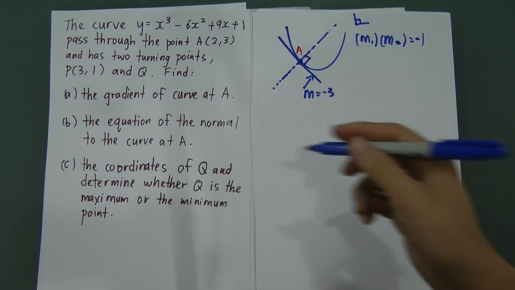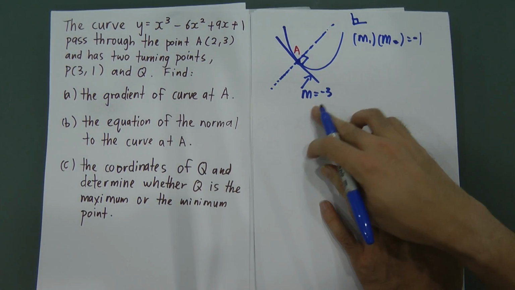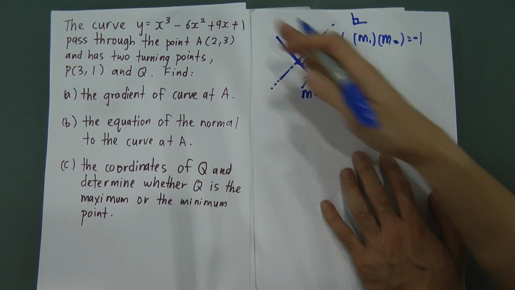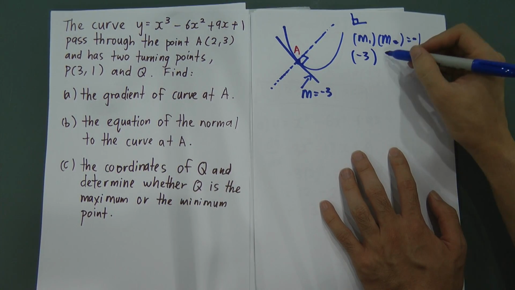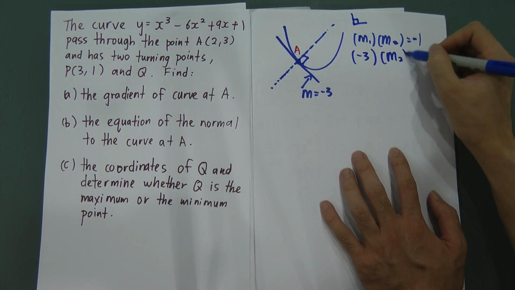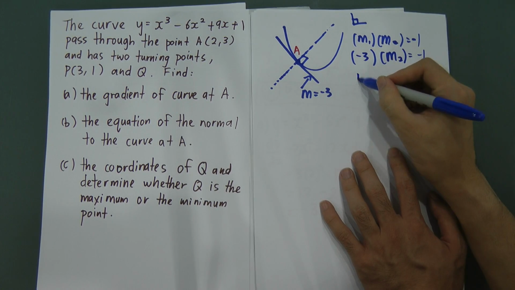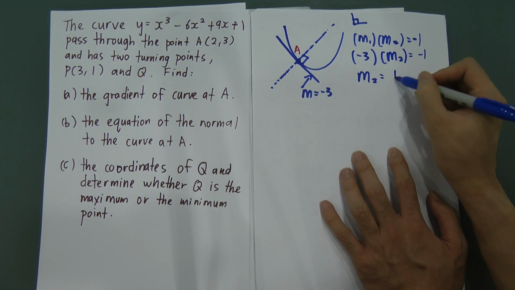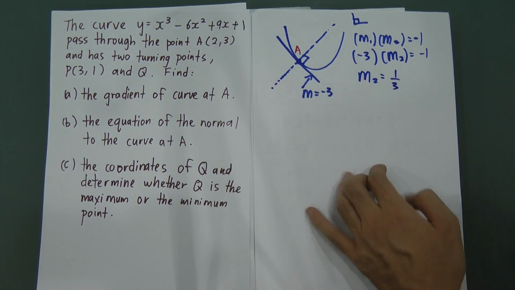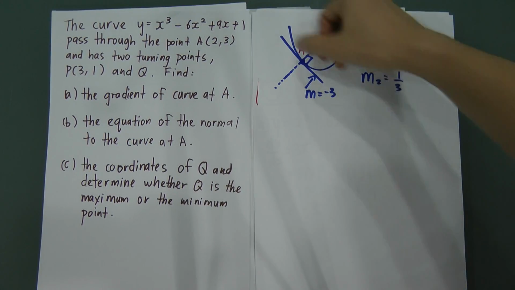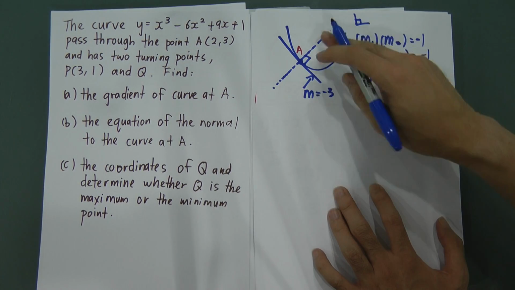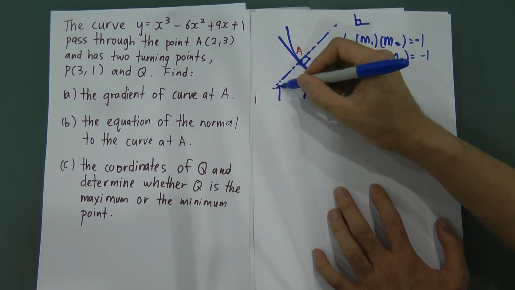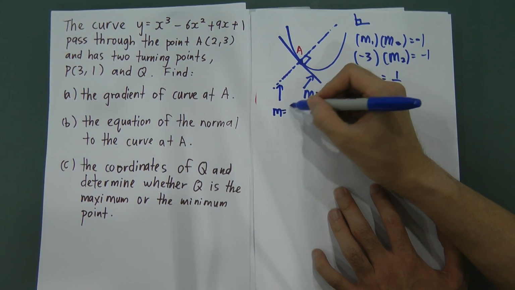Now we got the first gradient, for the tangent, which is negative 3. So negative 3 multiplied by m2 gives negative 1. So m2 will be 1 over 3. This dashed line, we call it the gradient of the normal, which is 1 over 3.